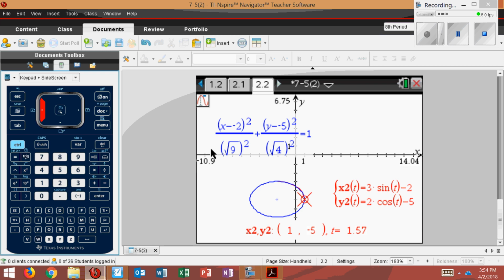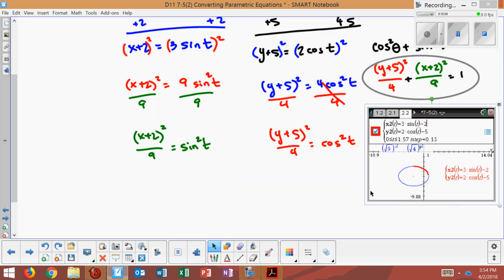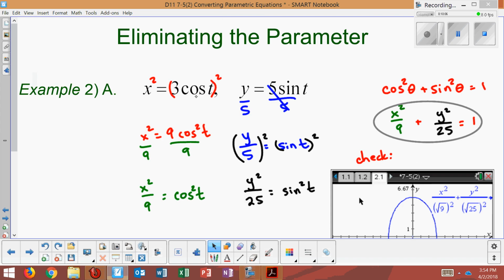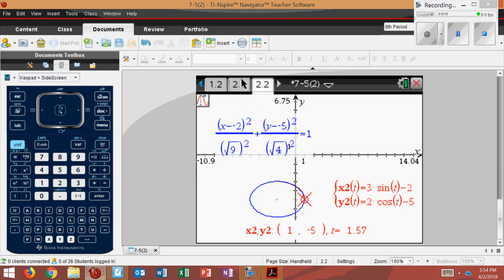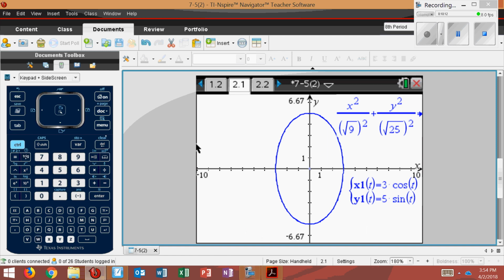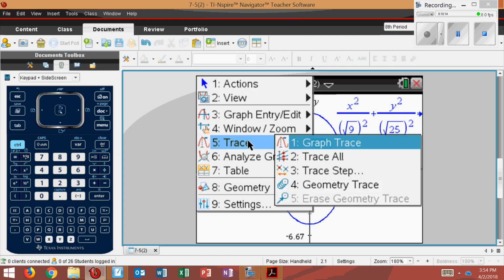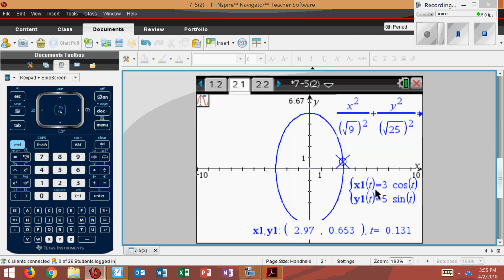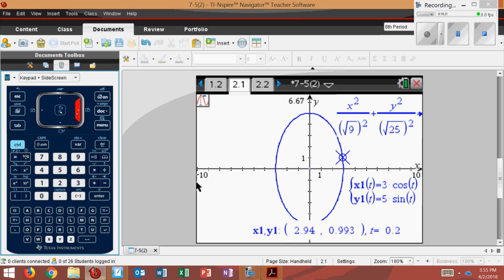Now let's go backwards to the previous problem. In the previous problem we had cosine with x and sine with y, which is the way it's supposed to be. If I wanted to trace this, when I went to graph trace, time 0 would not be at the highest point. It would actually be on the x-axis right there.